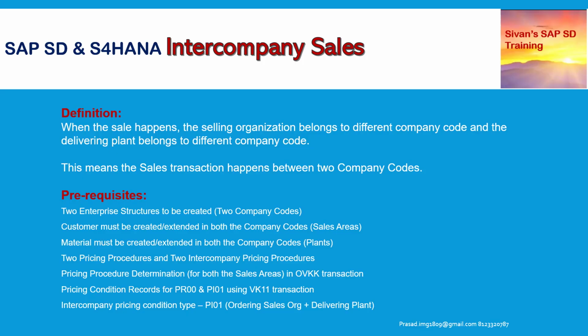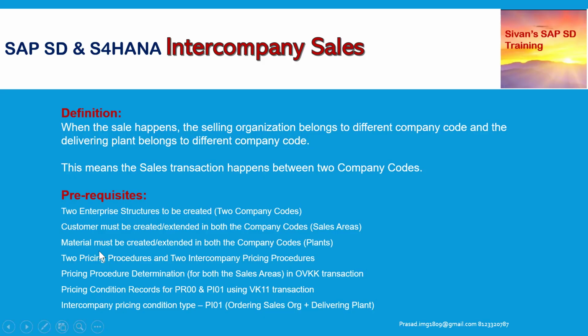What are the prerequisites we need to perform in the system? There must be two company codes, that means two enterprise structures must be created in the system. Whatever customer we do transactions with in one company code, the same customer has to be extended to the other company code, in terms of sales areas.